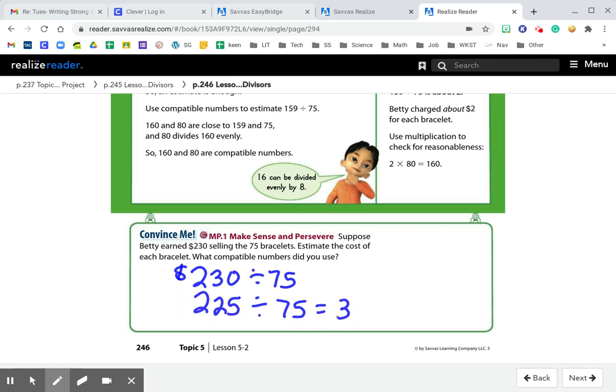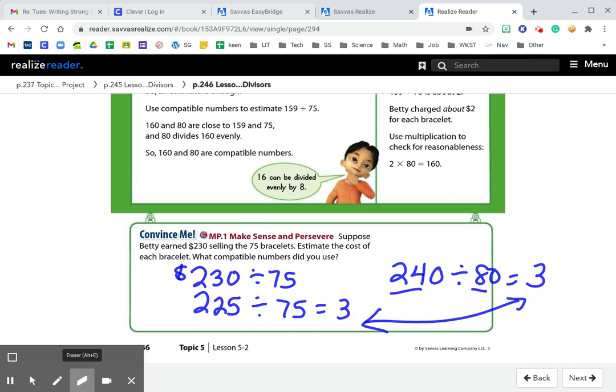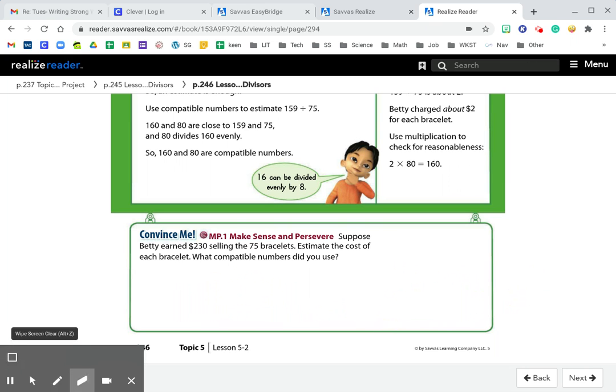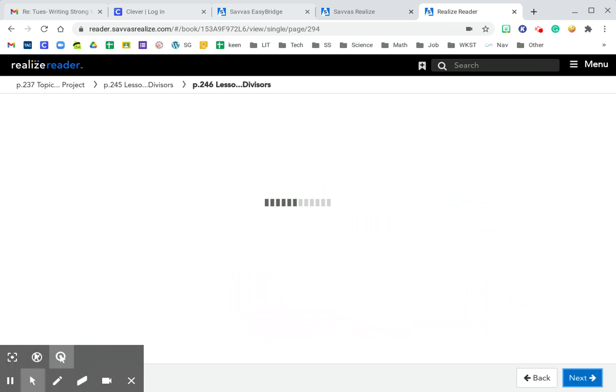And we could also take the divisor, round it to the nearest 10, and change the dividend to a number that is a multiple of 8. So we're still going to get the same answer. We just got it in a different way. And again, those are estimated answers that we're looking for.